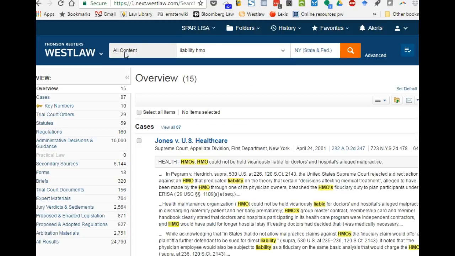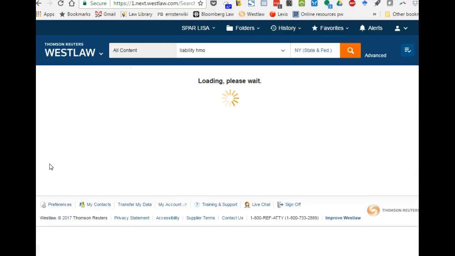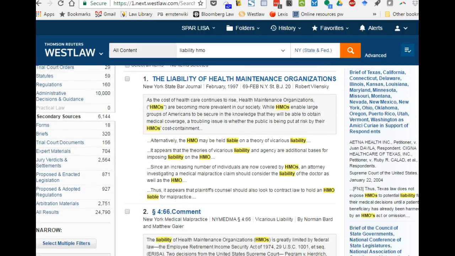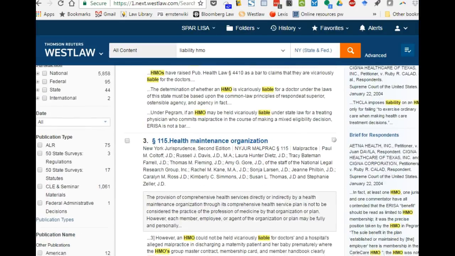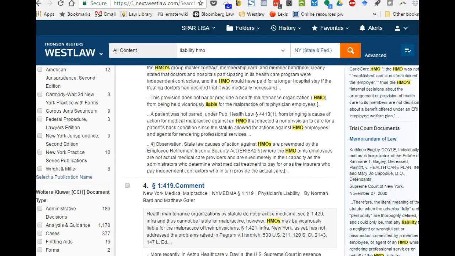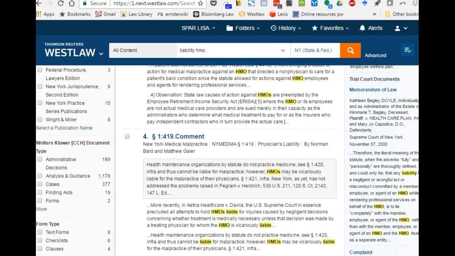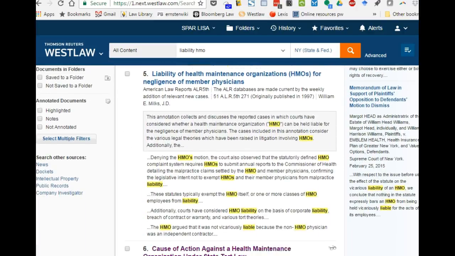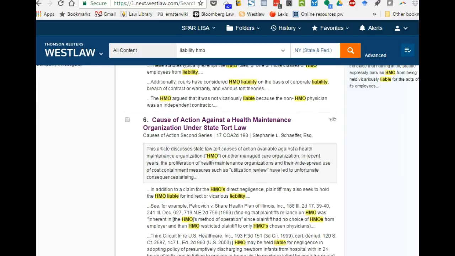So here's our favorite search, liability HMO. And we take a look at secondary sources, and some of you, when we did our very first workshop, came up with, and of course we see all the different types of jurisprudence we now know is encyclopedia, this New York Med Mal we now know is going to be more of a treatise, ALR we know is kind of its own thing, and here we come up with something called cause of action.